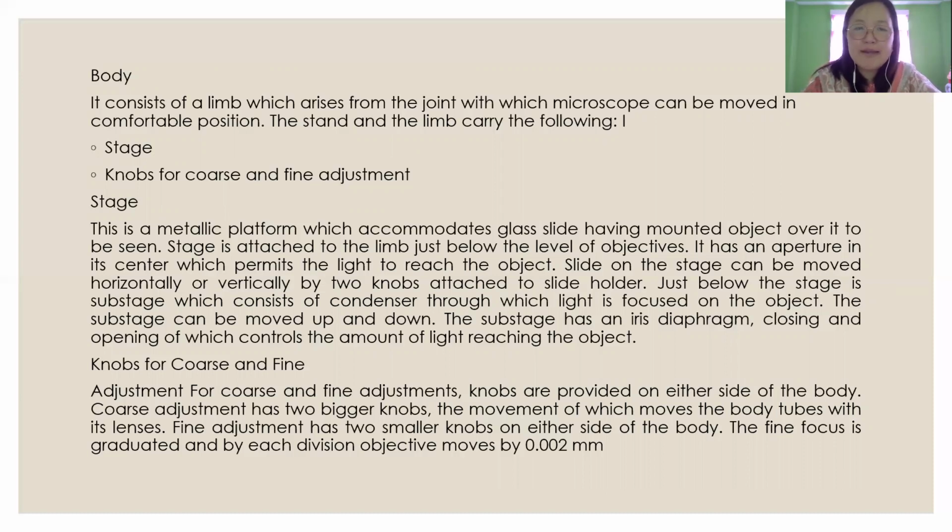It also has a metallic clip to hold your slides properly, and an adjusting knob with which you can move the slides back and forth and right to left. That is called the stage, which we're going to see practically in the next video.